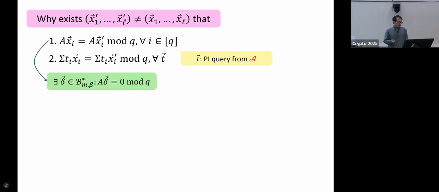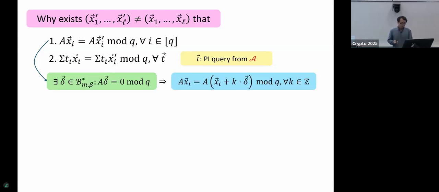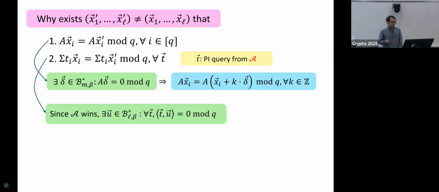For the first condition, the idea is that there exists a short delta such that A times delta is equal to 0 mod q. Therefore, for any x_i, if you add any k times delta, it will give you the same challenge as x_i.